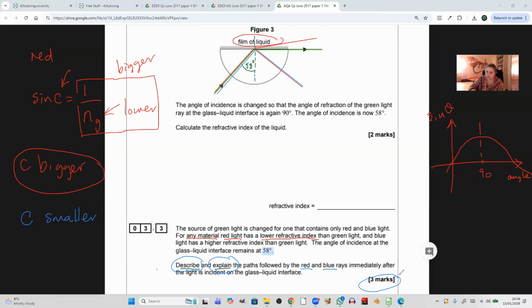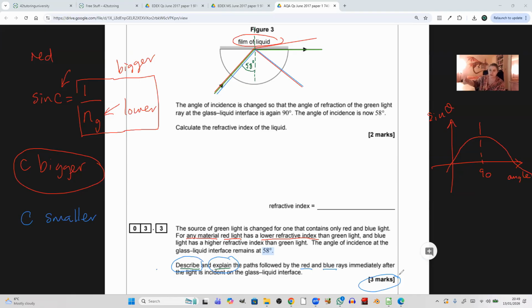So what are we going to do to describe? We're going to say the red ray will refract, some light will escape, there will be partial reflection. For the blue ray, you're going to say there will be total internal reflection.